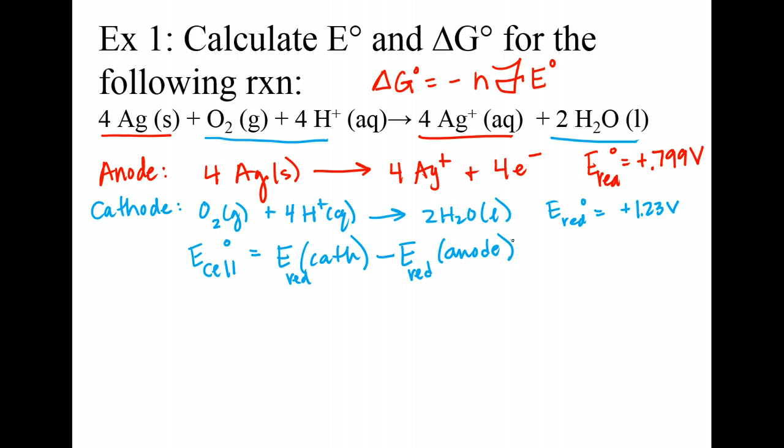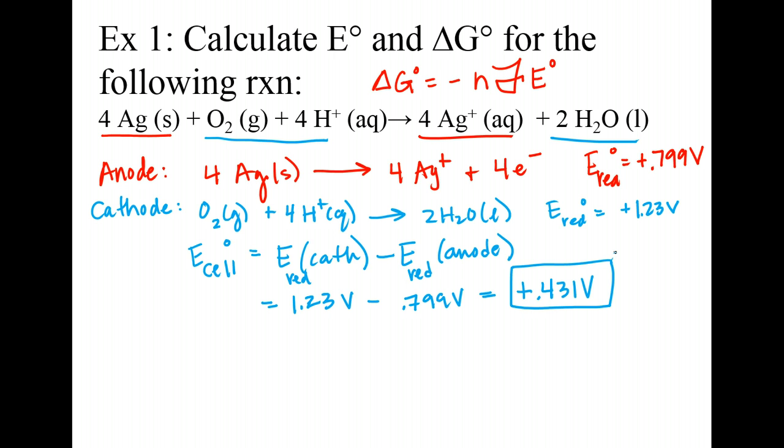So using the two values that we've identified, that would be 1.23 volts minus 0.799 volts, giving us an E-cell of positive 0.431 volts. So we've answered one of the questions. And the sign for E-cell is positive, which indicates to us that this reaction is spontaneous, that it does happen on its own.